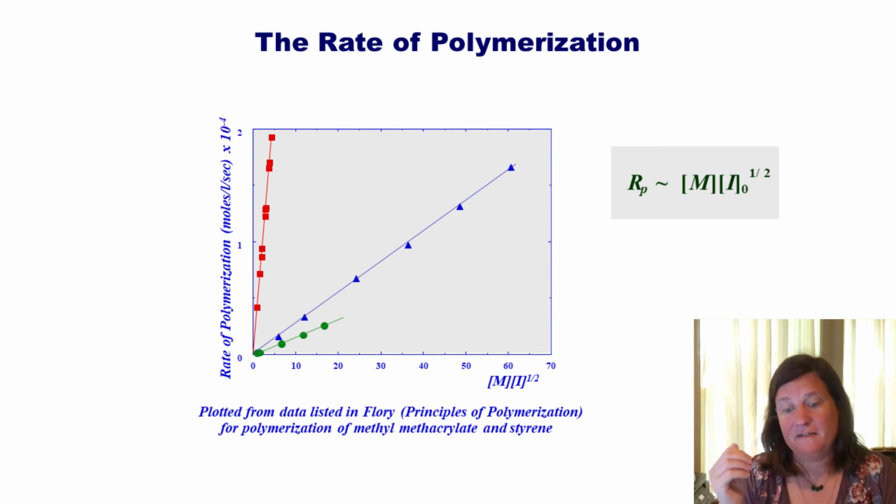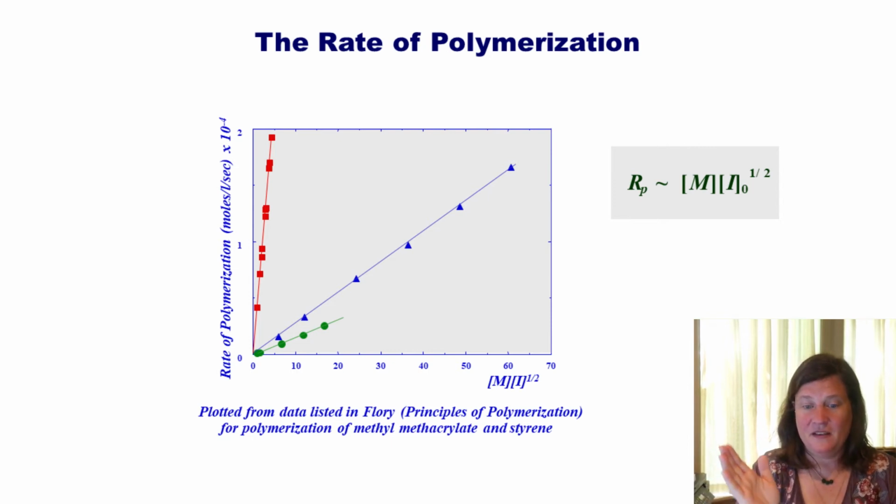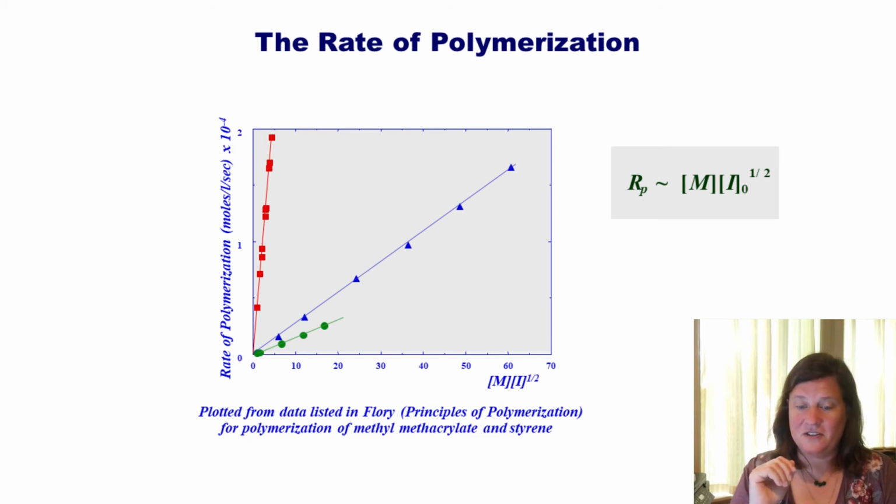So this data is very linear, and that tells us that our assumptions were really good, because the data fits right on a straight line like we would expect. And as we increase that monomer concentration, we increase the rate of polymerization, or we increase the initiator concentration.